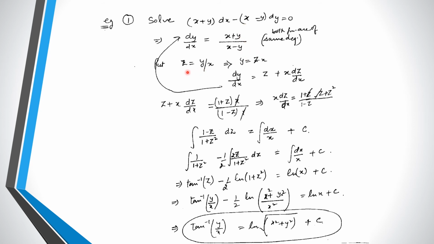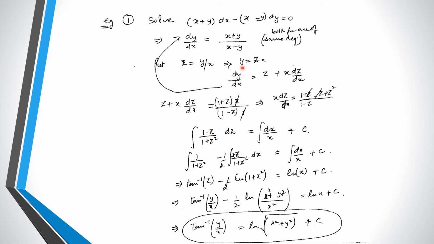So we can substitute z to be y upon x, or y to be zx, one and the same thing. And we can convert this equation into a function containing two variables z and x, and apply the variable separable method to solve this differential equation.